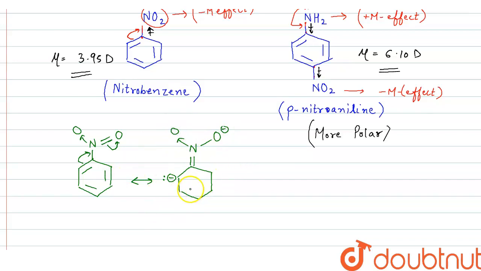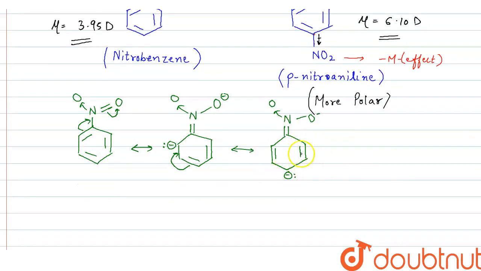And these two double bonds remain as they are. Now in the next structure, these pi electrons will transfer here, and we get a double bond here, and here a negative charge with lone pair, and this remains as nitrogen, oxygen, O negative.